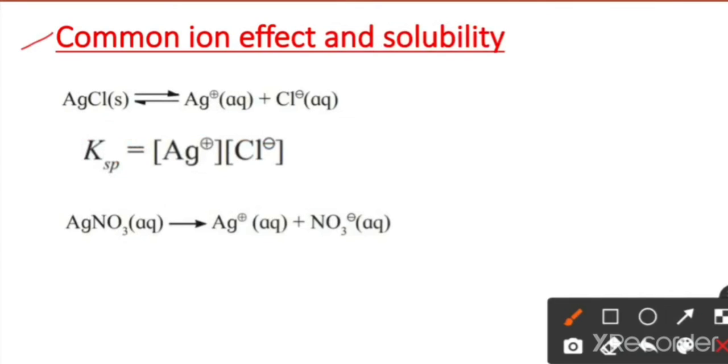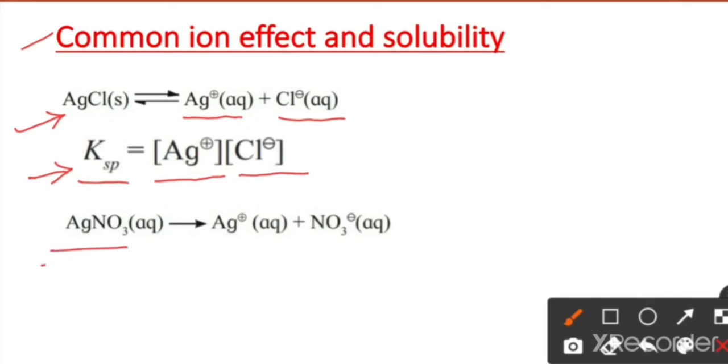Common ion effect and solubility. The presence of common ion affects the solubility of sparingly soluble salt. Consider an example of sparingly soluble salt, silver chloride, which gives silver plus ion and Cl minus ion in the aqueous solution, and the solubility product is expressed in the form of the equation Ksp is equal to concentration of Ag plus ion into concentration of Cl minus ion.